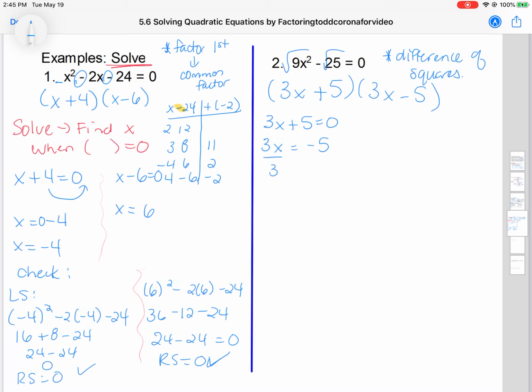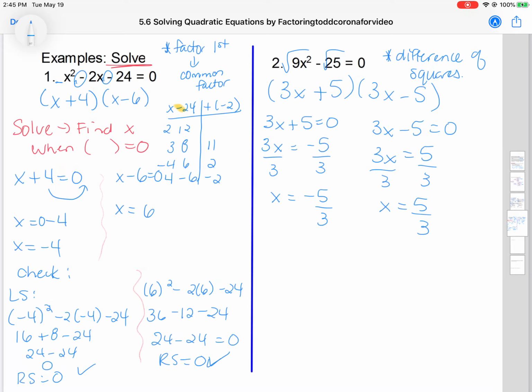Three x plus 5 equals 0. And divide by 3. So we get the positive and negative version, which makes sense.